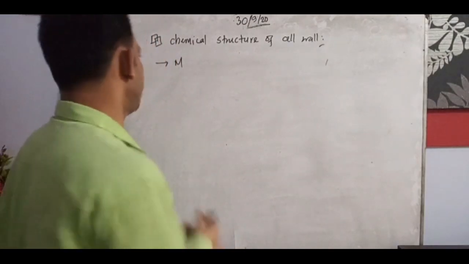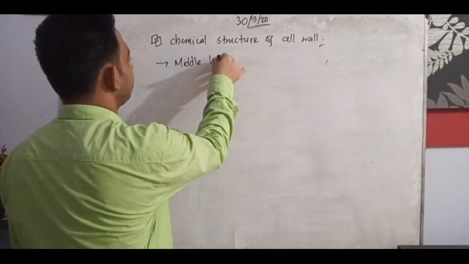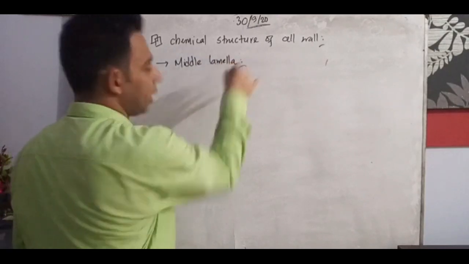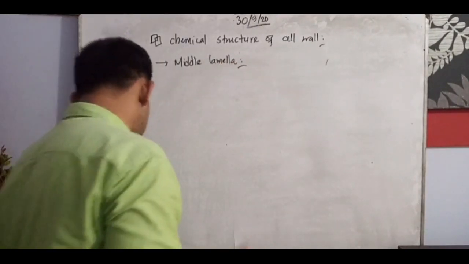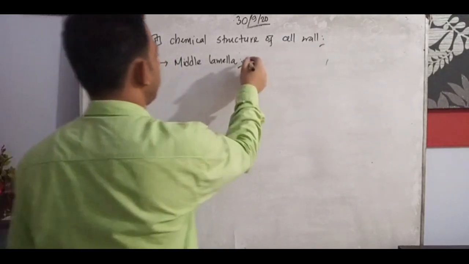By the way, in the middle lamella, what is actually going on there is the pectic acid. The maximum amount of pectic acid is found there.